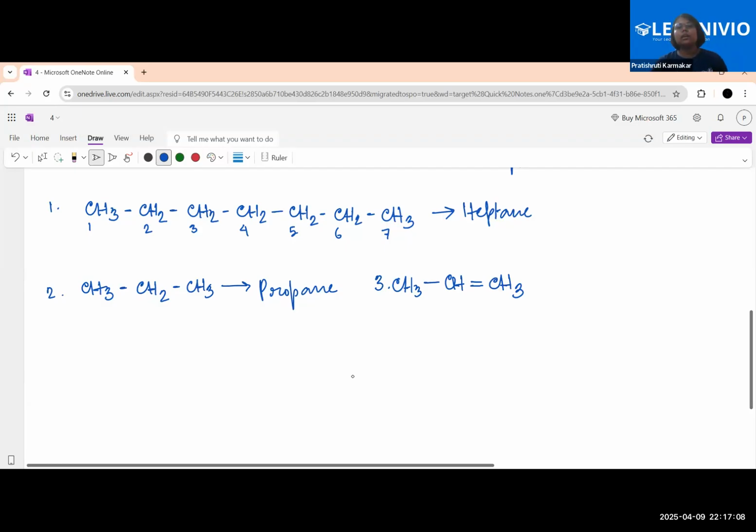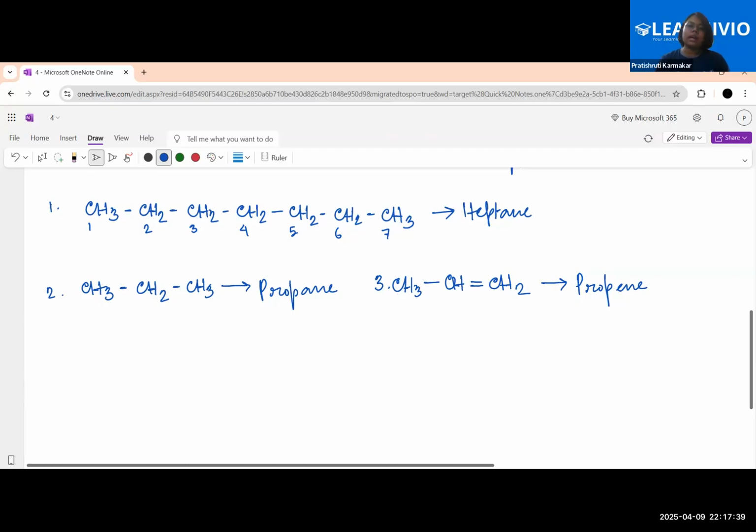What I have written here in number 3, is the structure correct? The hydrogens on the last carbon are incorrect. There are supposed to be 2 hydrogens on the last carbon. Very good. So what will we call it? Propene.